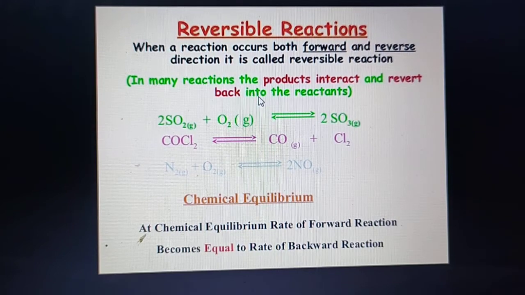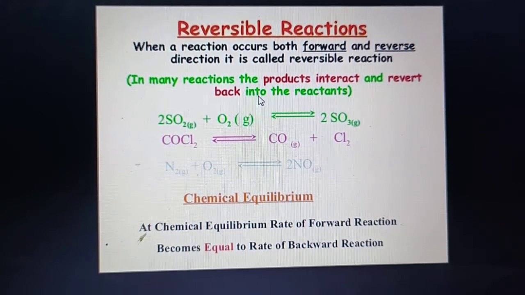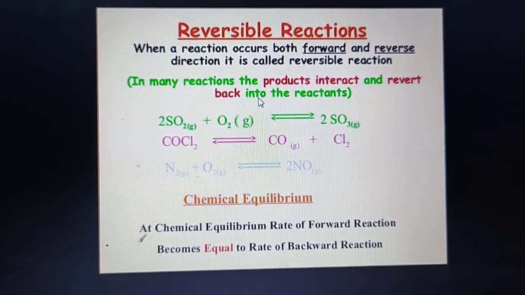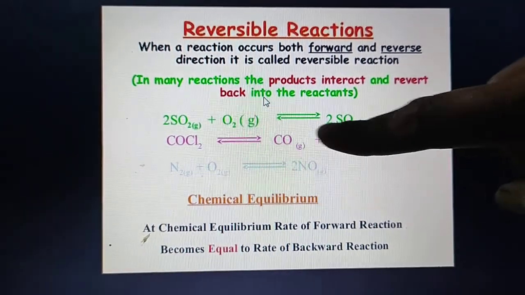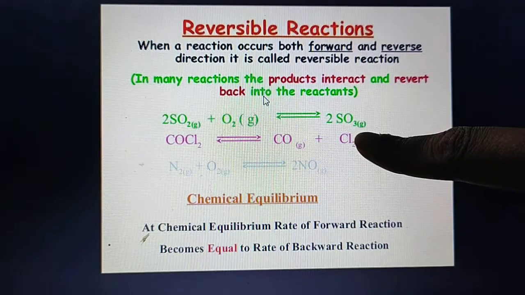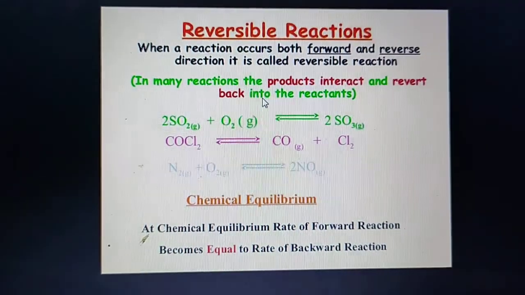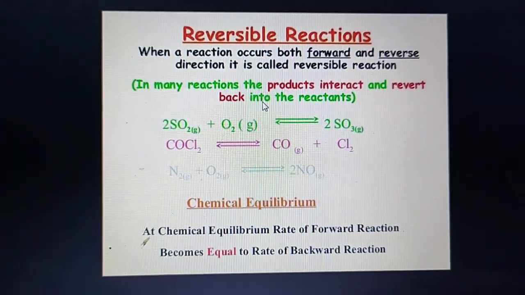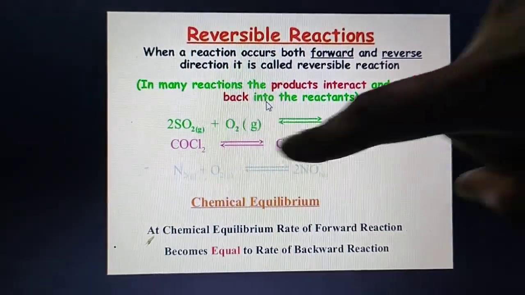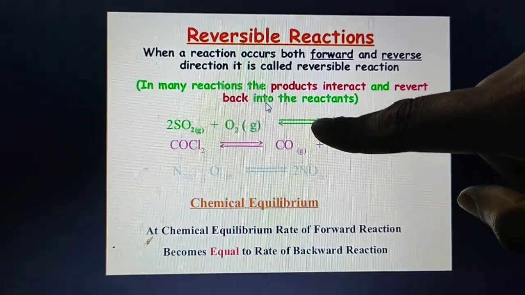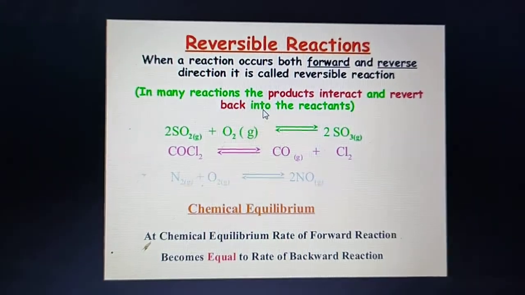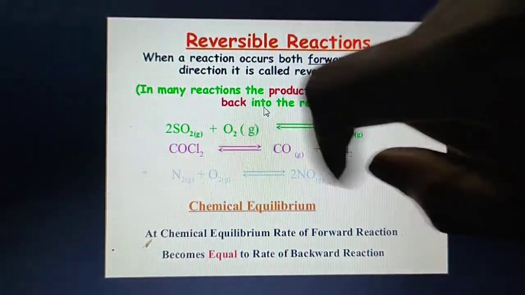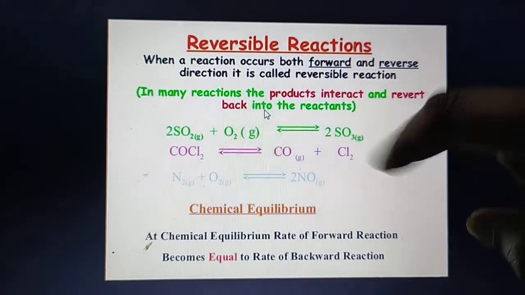What happened now? When the product, sulfur trioxide, is formed, again it acts as a reactant. From this direction, you see this sulfur trioxide decomposes into sulfur dioxide and oxygen gas. If you see the upward arrow, SO2 and O2 act as reactants and this acts as a product.